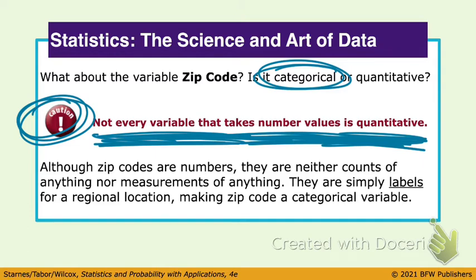Think to yourself, is this a count or a measure, or is it just a label? Your cell phone number, it's just a label for your phone. My room number, that's just a label for my room. It's not something that I would ever average. I would never average a zip code.